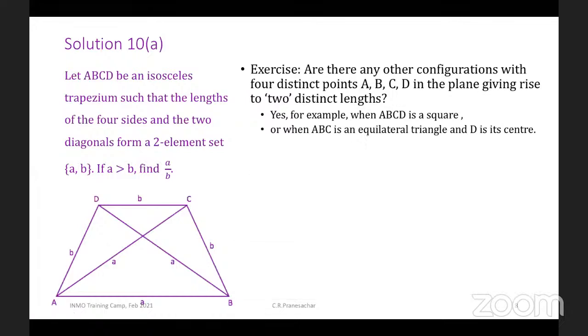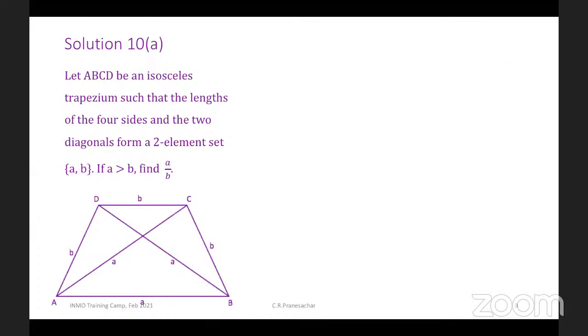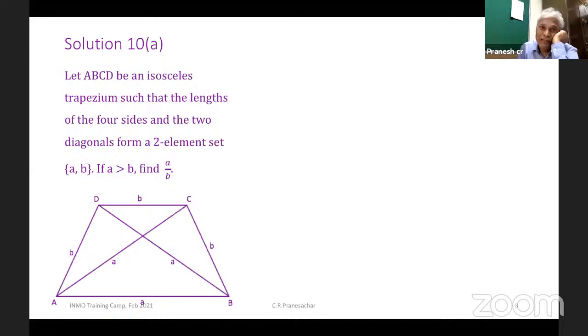Sir, is it good to write our comments after the solution? Means what we feel about the question. Is it good to write in the exam? Like this was the comment that it's a regular pentagon or something different about the question that we feel. But see, that's just a general addendum. So you don't have to. It doesn't fetch you any additional marks anyway.